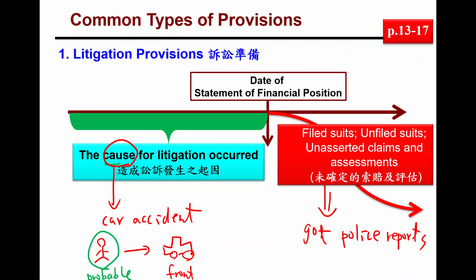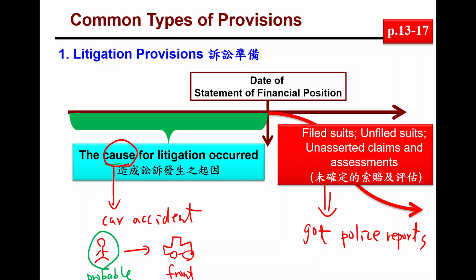Accrual basis accounting tells you when the event occurred, you should report it. So when did the event occur? Right now. So when something happened already, you should report it. Okay?